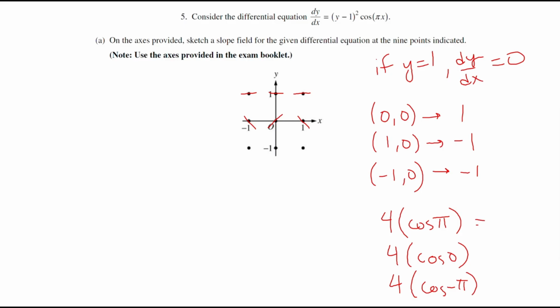Well, we're going to get then negative 4, 4, and negative 4 for each of those respectively. So the first one was at 1, negative 1. So that one's going to be negative 4, then positive 4, then negative 4. And they gave you 2 points for this, 1 for the ones that were 0 and 1 for all the other ones. So 2 points there for part A.